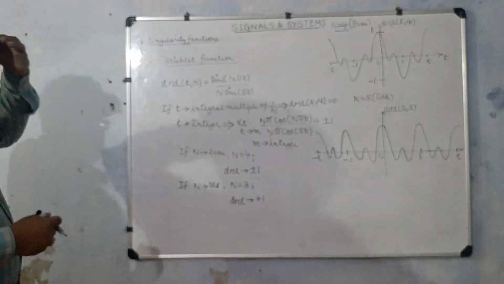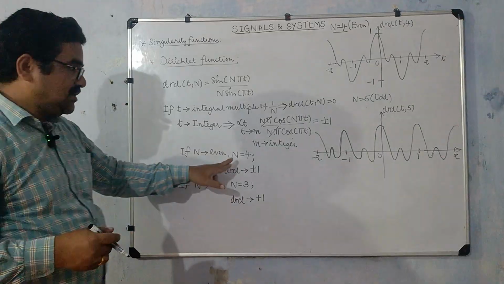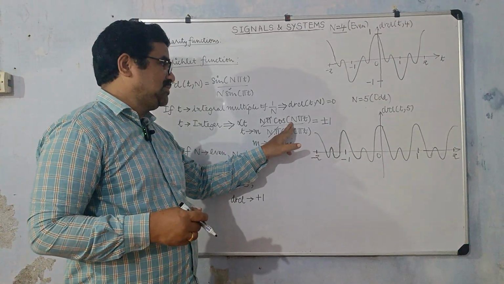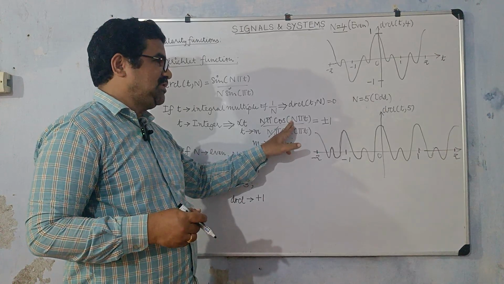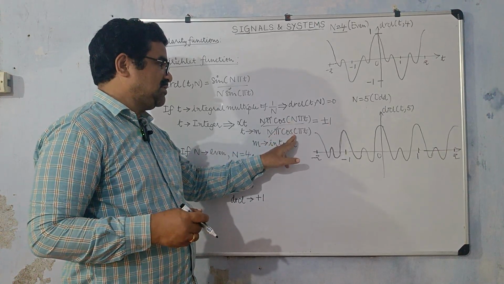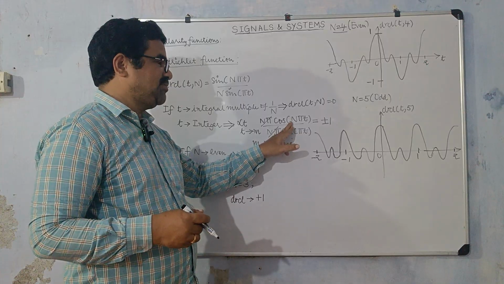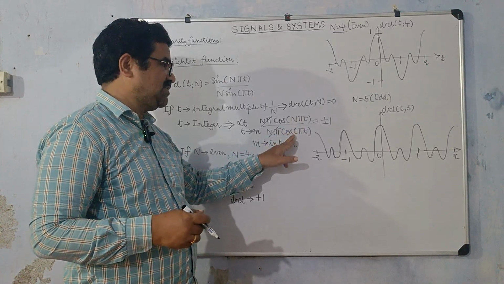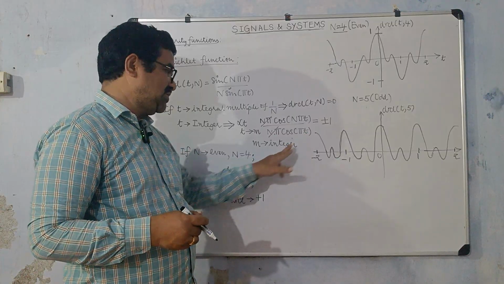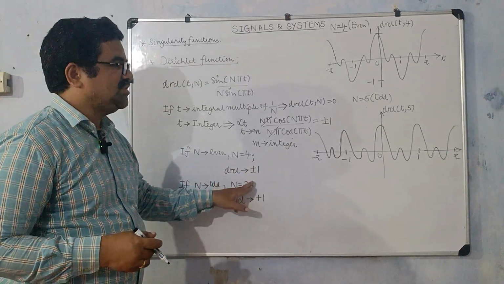I think you understood this point. When n is even, the numerator is even multiples of pi, so it is always 1, whereas the denominator will be either even or odd depending on the value of t. So it will change between plus and minus 1.